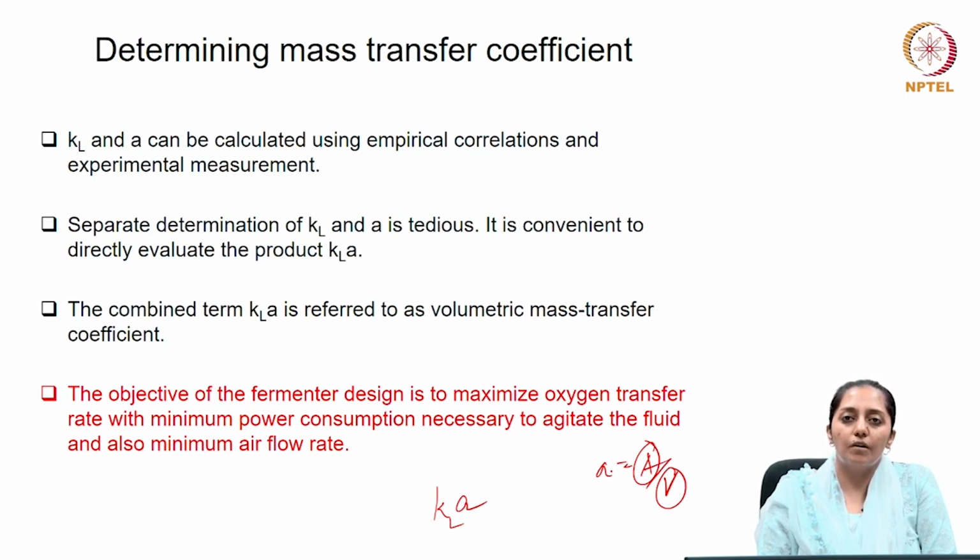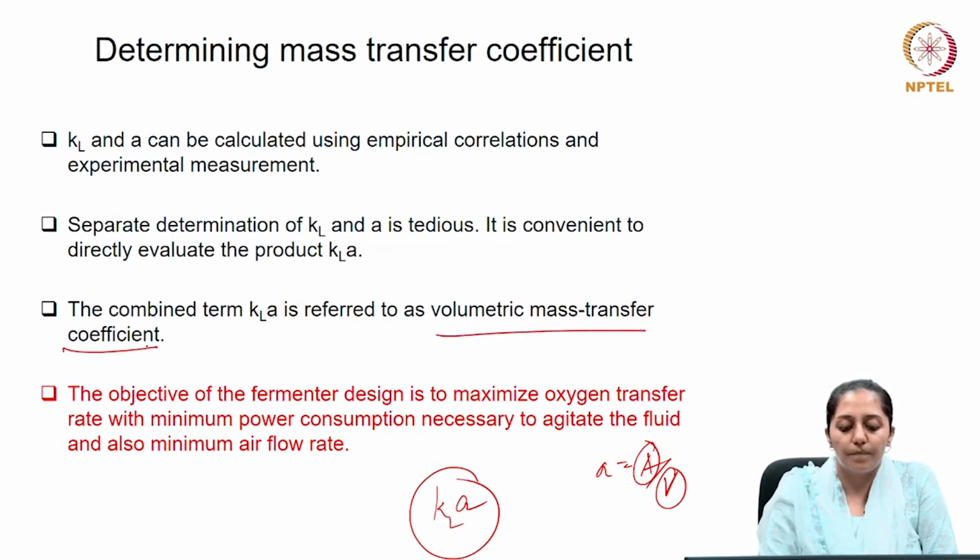Separate determination of the mass transfer coefficient and the small a value might be very challenging and tedious. So it is convenient to directly evaluate the entire constant of the volumetric mass transfer coefficient, which is a club of both KL and A. So the combined term KLA is referred to as the volumetric mass transfer coefficient.